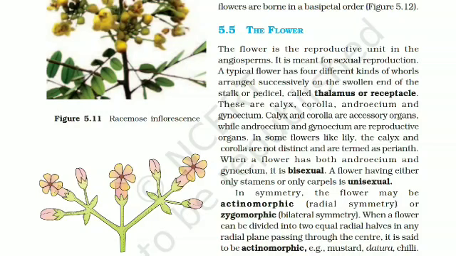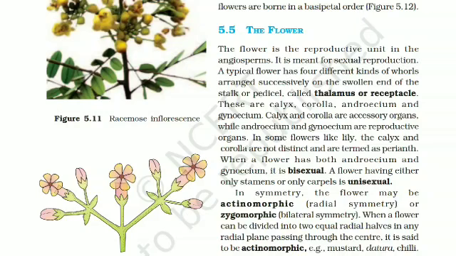A typical flower has 4 different kinds of whorls arranged successively on the swollen end of the stalk or pedicel, which is called thalamus or receptacle. Now, what are these whorls? These whorls are calyx, corolla, androecium and gynoecium.